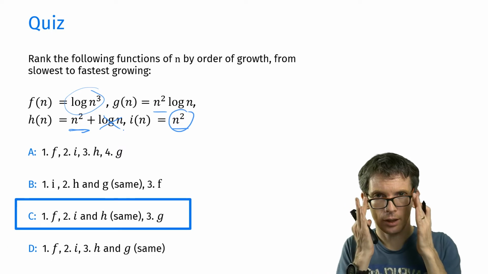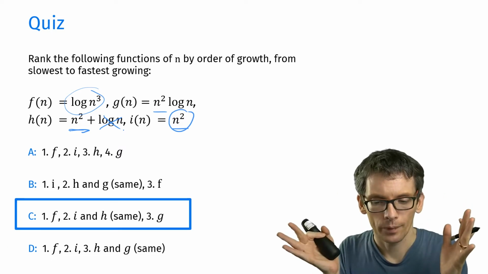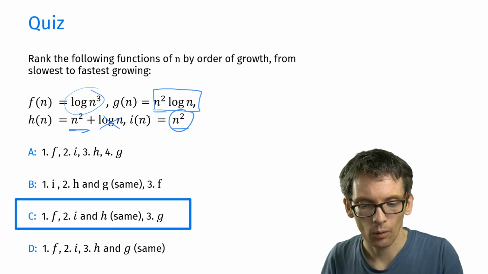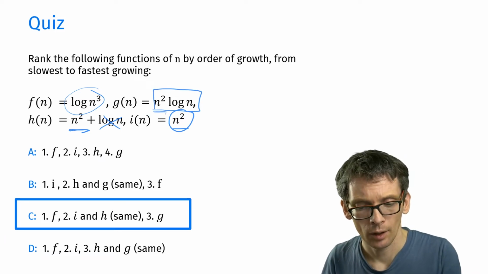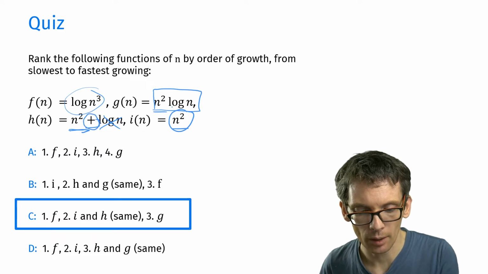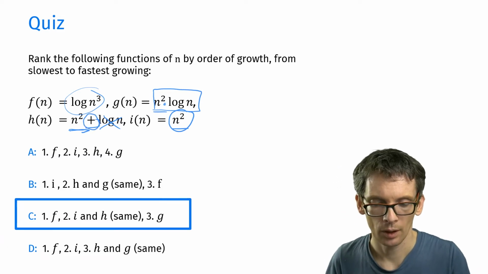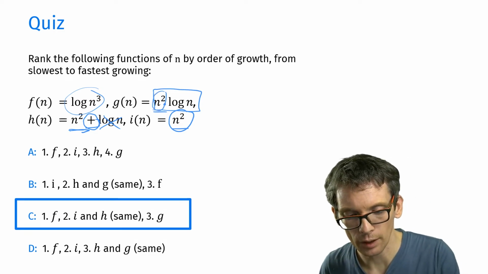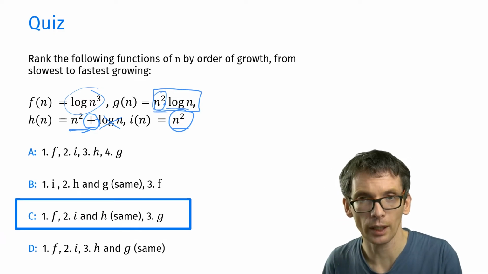Then G actually has an even larger growth. Why is that the case? For H we had a plus here, but this is times, which means that it grows faster than n squared, namely by a term log n.